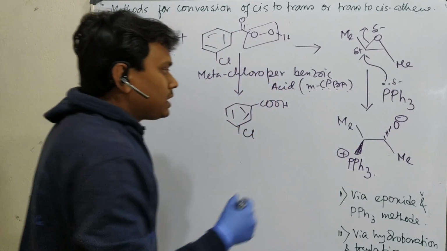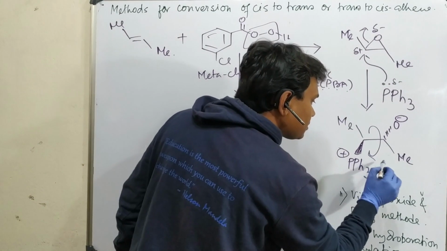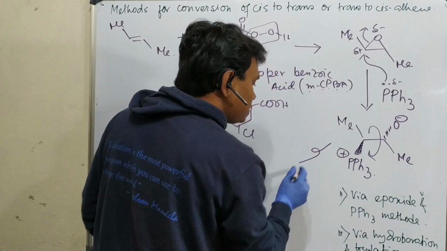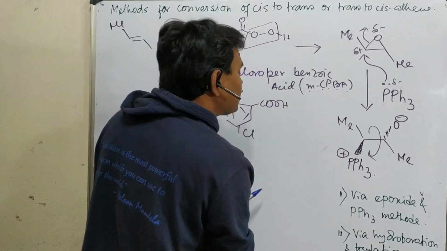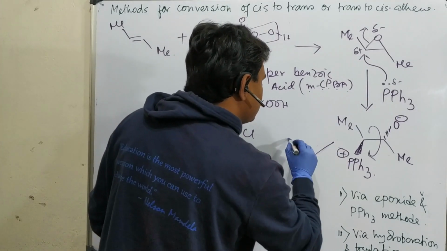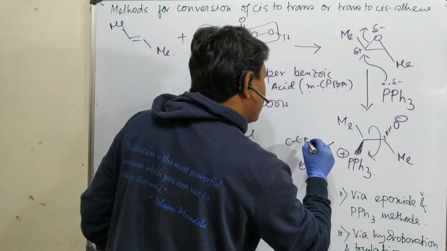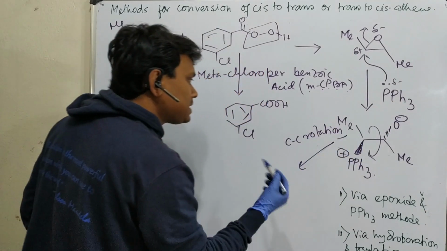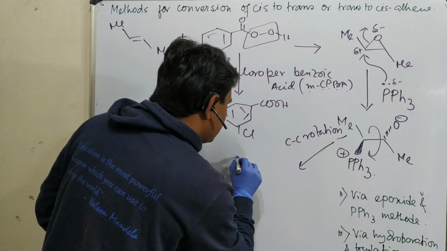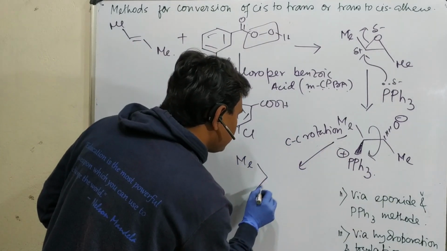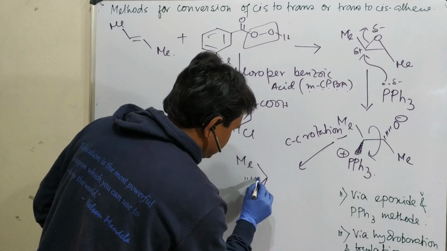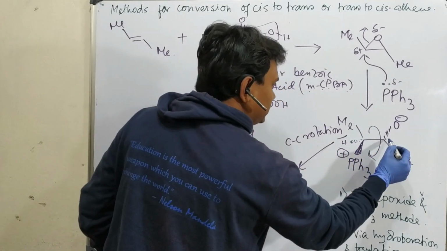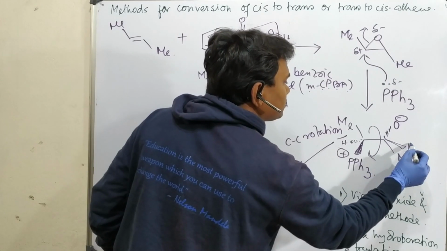Now we know that this C-C bond can rotate. So it will undergo C-C rotation. What is the consequence? Let's draw it. This methyl and PPh3, with hydrogen in the back, and here hydrogen in the front.